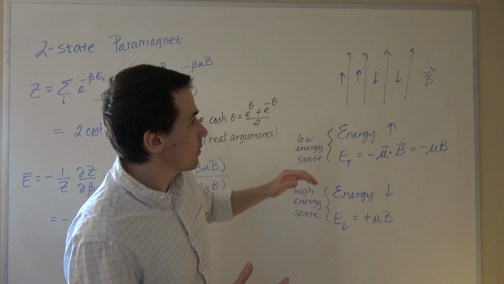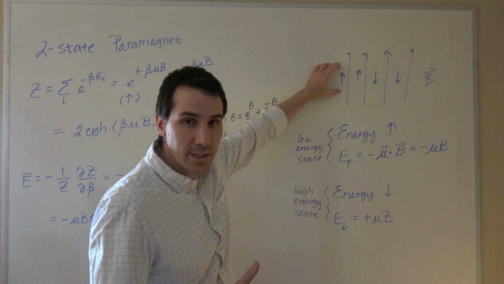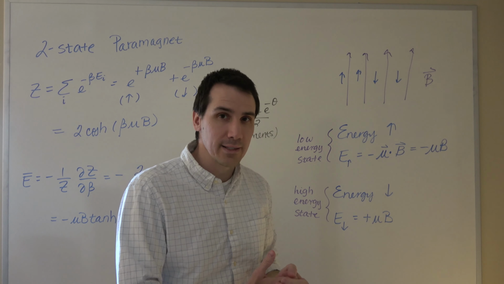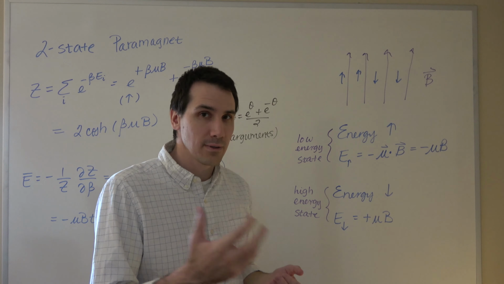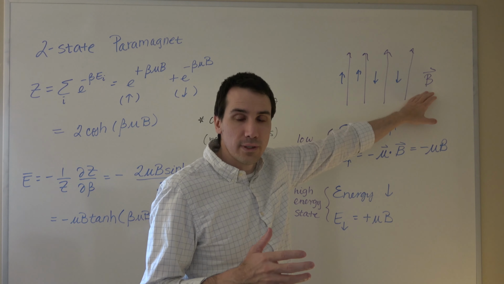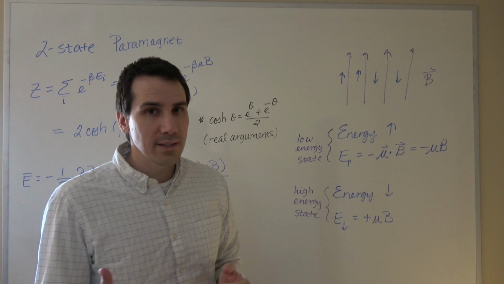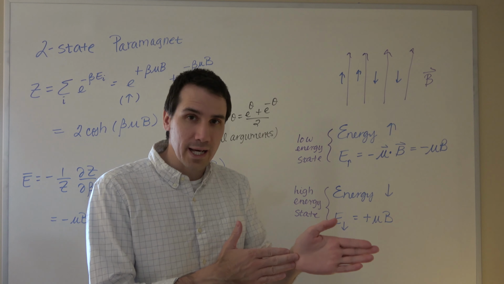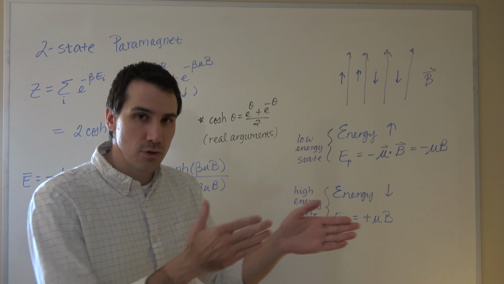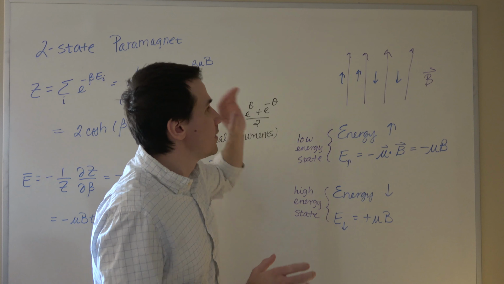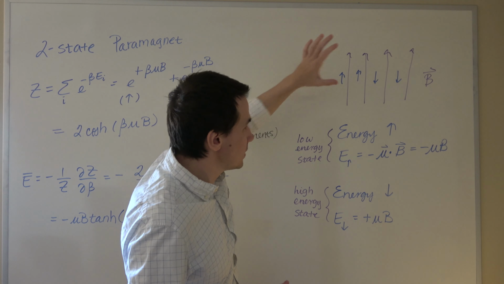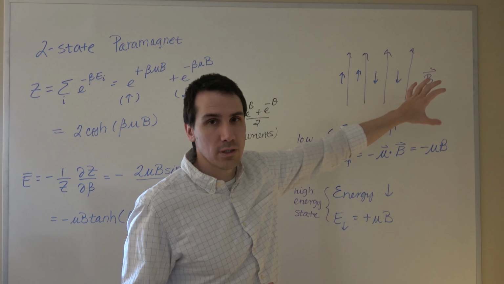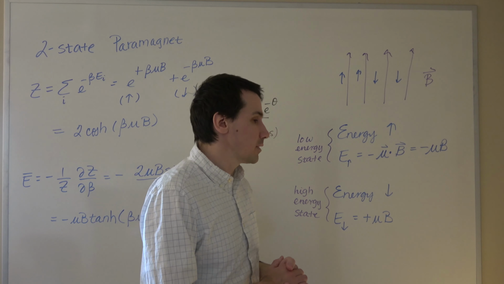In general, the electrons will attempt to align their magnetic field with the externally generated magnetic field, just like a bar magnet will tend to align with another bar magnet so that their two fields point in the same direction. The electrons will tend to align with the direction of the external magnetic field.